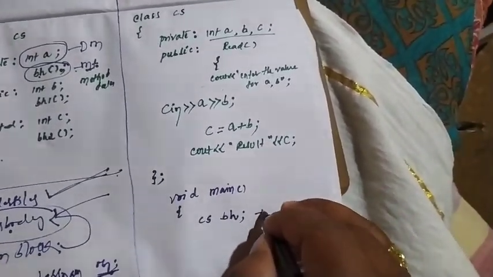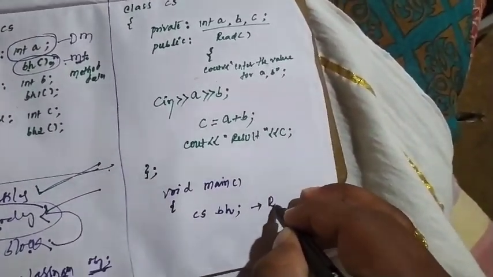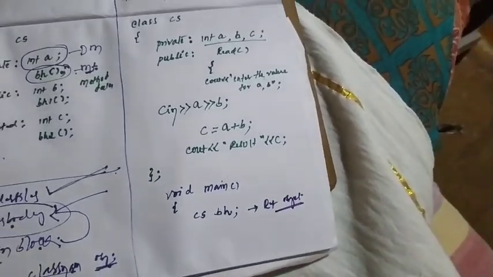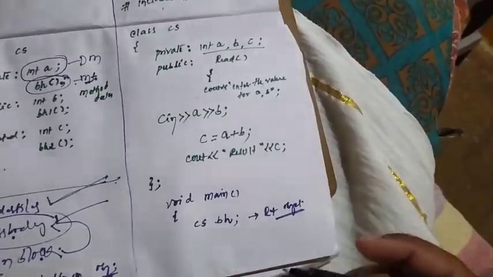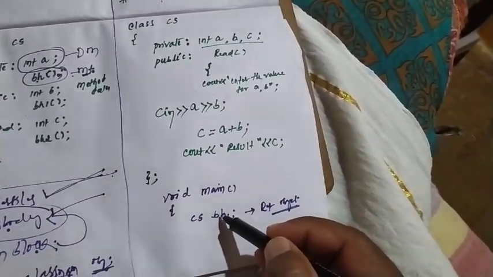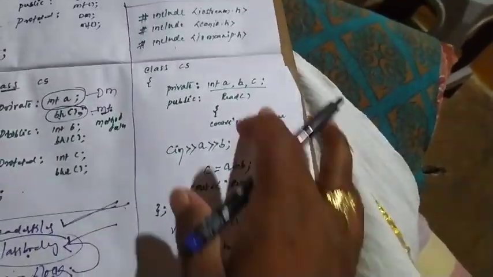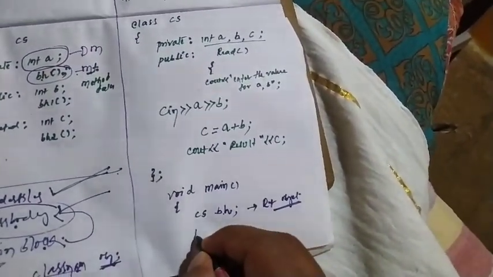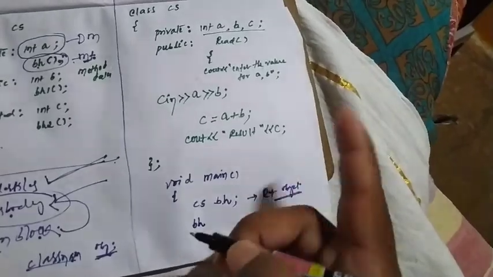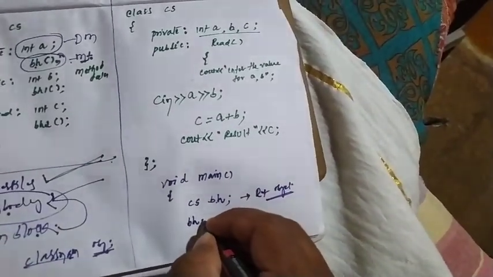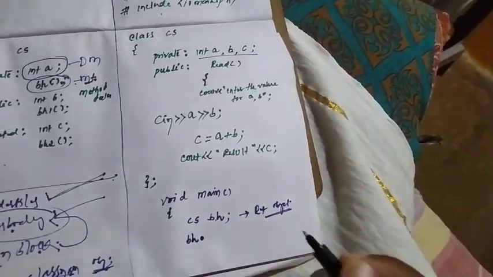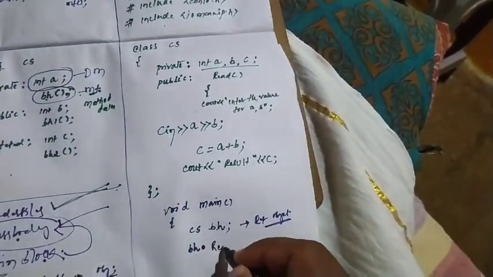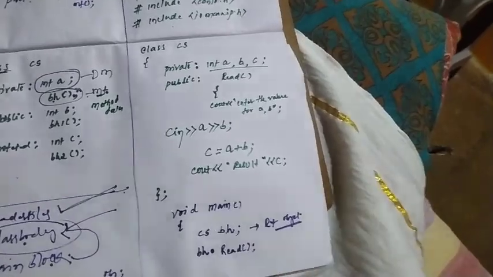This is the reference object declaration. With the help of this reference object, you need to execute this class block. So you need to call bh here. To execute that, you take the help of the dot operator followed by the function name, and the function name is read. That read I will call here with a semicolon.